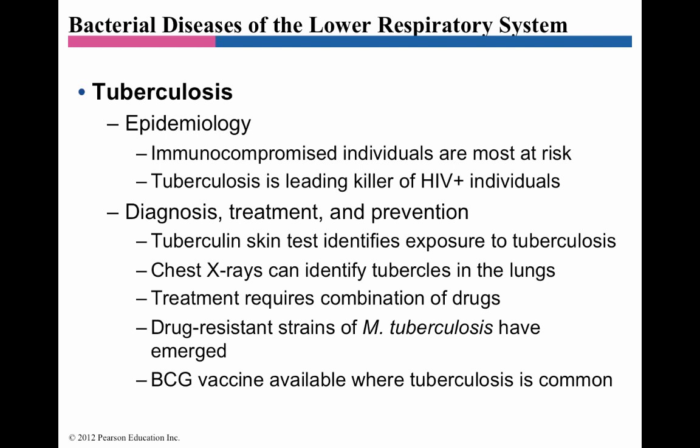If you have been exposed previously and you have tuberculosis, what's going to happen when they inject you with the pieces of the cell wall into your skin? Your immune system is going to react strongly and you're going to have redness and swelling of the area.